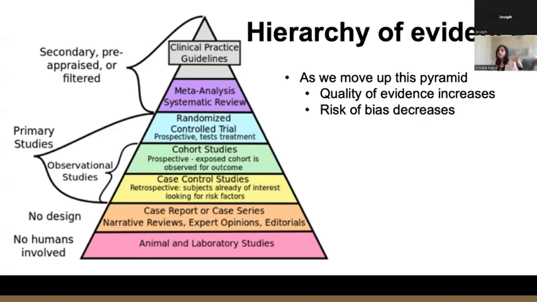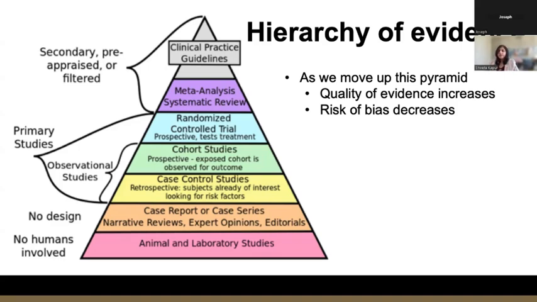Then we move on to observational studies, which are better than the case reports or editorials or narrative reviews, but they're still ranked lower than randomized controlled trials, which I mentioned and I showed you in the previous two slides. Why is that? And then as we move up, there's a meta-analysis, systematic review of randomized controlled trials, and at the top, there are the clinical practice guidelines.